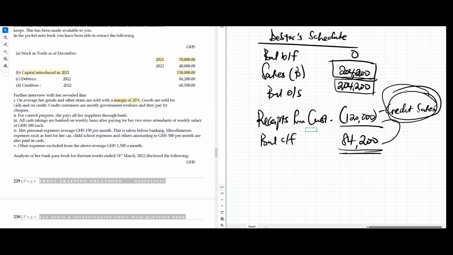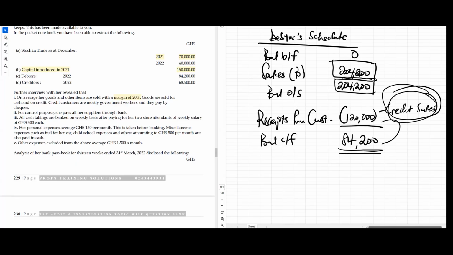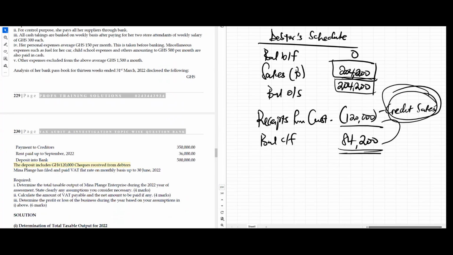If we had wanted her total sales, we can put the whole 500,000 here just to get her total sales. Does it make sense? No. Why are you putting the 500,000 there? Let me explain something to you. Listen. You deposited how much into your bank?